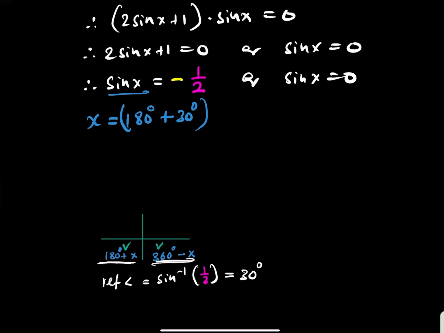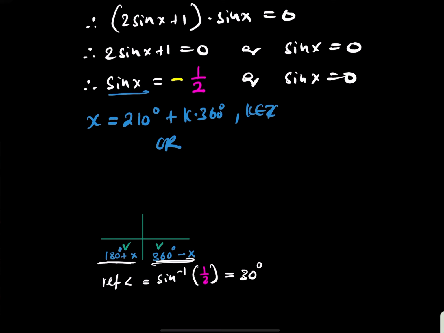You get 210, I guess. So this is 210. So I'm just going to write 210 degrees plus the period times k. So the period is 360 degrees, where k is an element of integers.